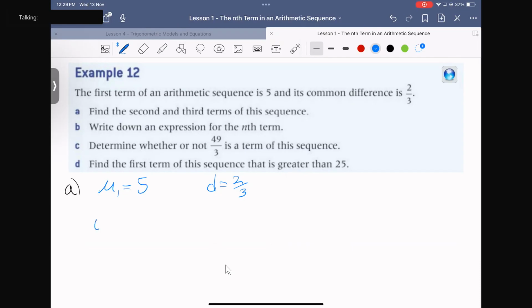The second term is equal to U1 plus D, which is 5 plus 2 over 3. If we try that on our calculator, we get 5 2/3, or 17 over 3.